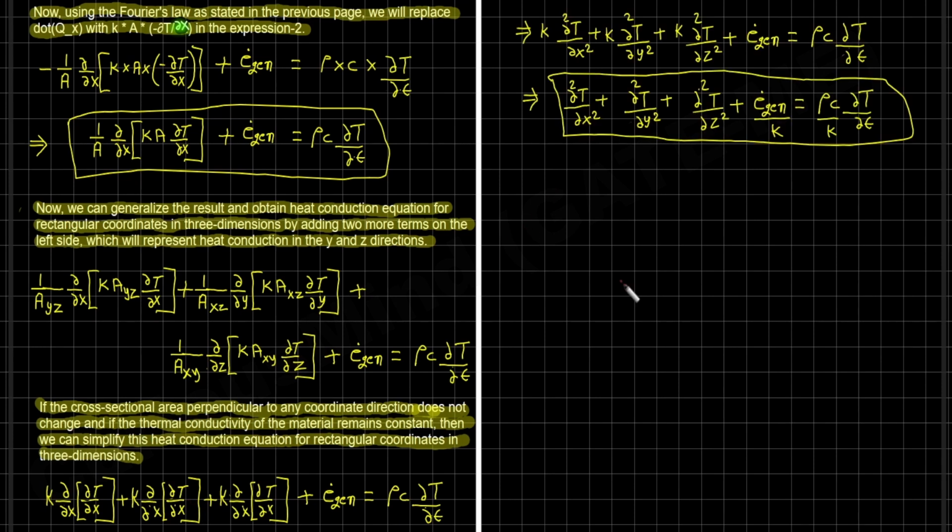All right. After further simplifying this expression, we have this expression. All right. Then we further simplified it and divided this expression by k and get this expression, which is a standard heat conduction equation in 3 dimension.